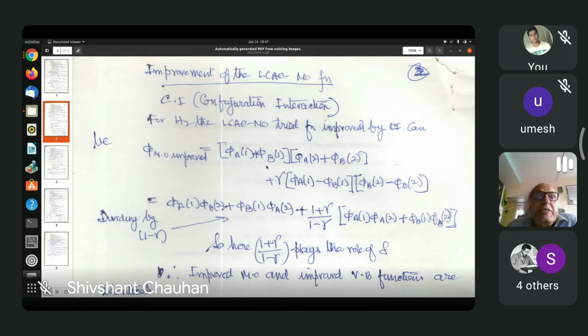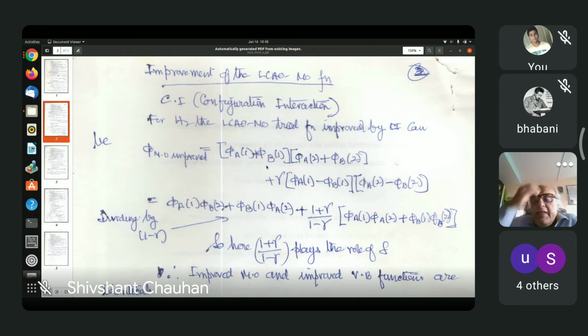So what we do is include a configuration interaction. What is the configuration interaction? Have you got configuration interaction in atomic physics? Yes? No, sir. No. Okay. Configuration interaction is just that you include higher terms, higher orbitals, in your calculation with a variational parameter, and then try to optimize these variational parameters.